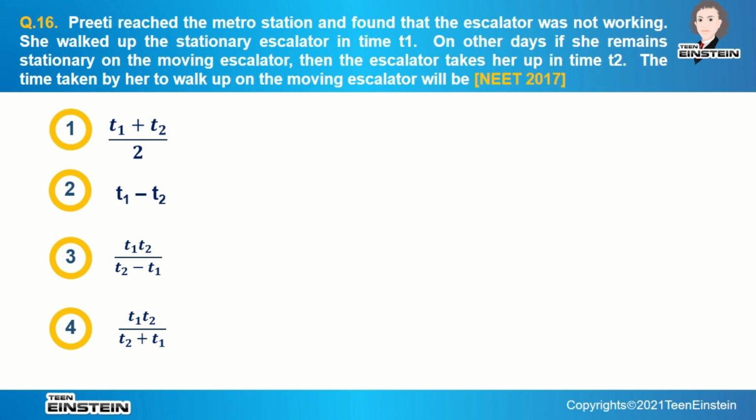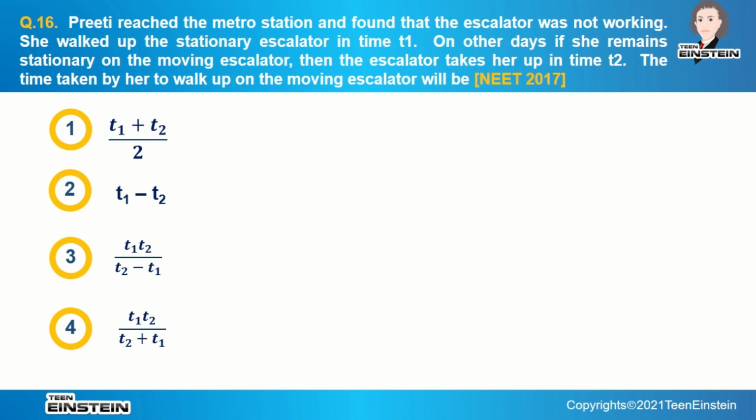First, the escalator is not working and she is walking on it, and the time taken is t1. Second, the escalator is moving and she is stationary on it, and the time taken is t2. Now they want us to calculate the time when she is walking on a moving escalator.